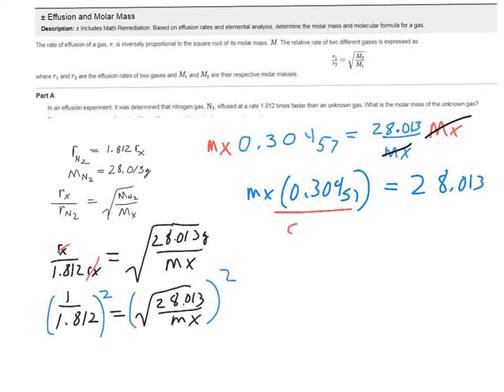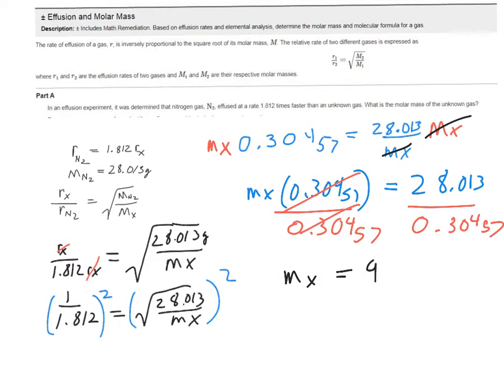I have to get my variable by myself now, so divide by 0.30457. That gives me Mx equals 91.98 grams per mole.